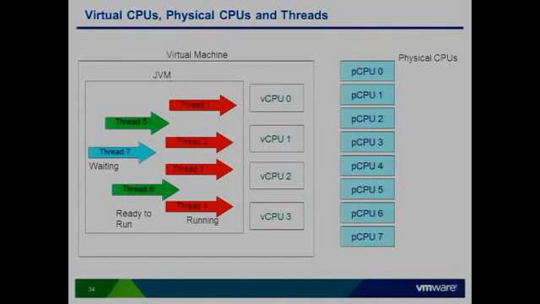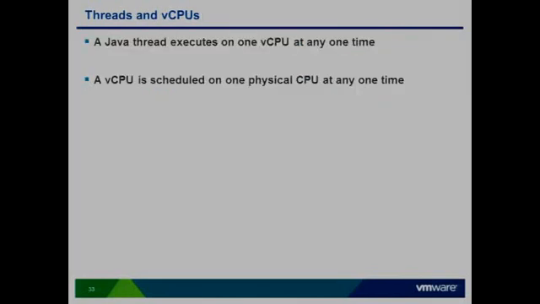The mapping of virtual CPUs, which you can think of as software representations of a physical CPU, onto physical CPUs is done by ESXi. And I should go back and say, a Java thread only executes on 1 virtual CPU at any one time, and the virtual CPU is scheduled on only 1 physical CPU at any one time. It cannot be spread across 2 virtual CPUs.